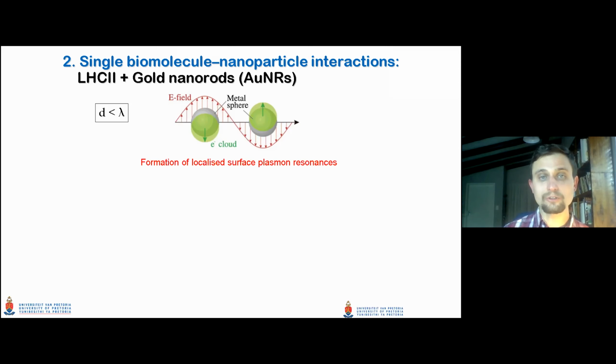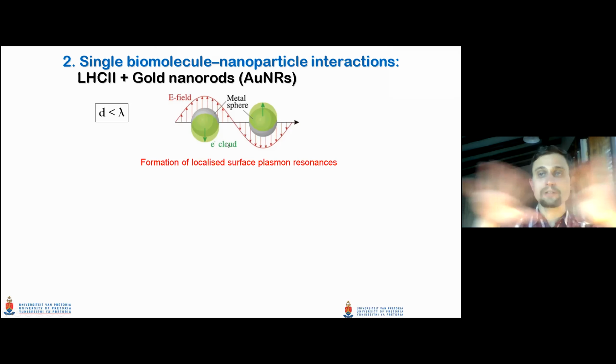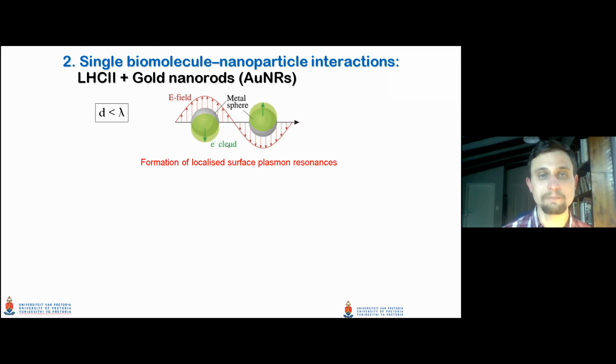So what is then going to happen is that the free electrons in the conduction band of this metal are going to oscillate with the light as it's transmitted through this metal. So the oscillation of this electron cloud will be in resonance with the electric fields of the light that will be transmitted through the material. And this then gives rise to a localized surface plasmon resonance.